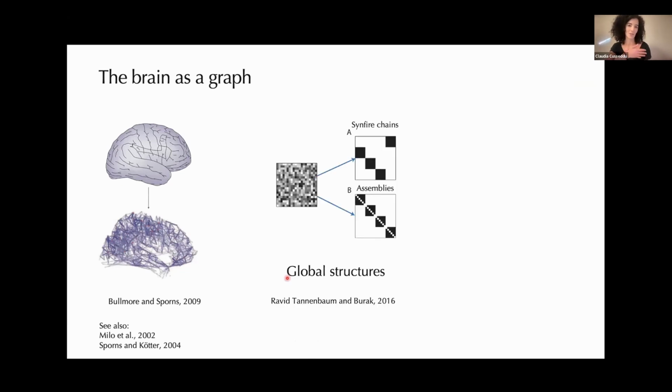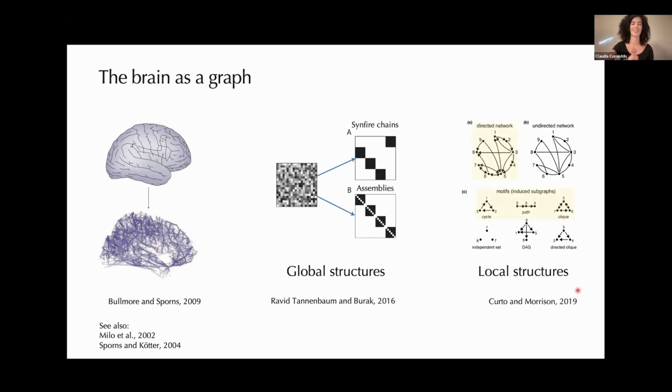For example, as we just saw in the previous talks, we can study connectivity at a global scale, where we can see large-scale patterns such as synfire chains or assemblies, where groups of neurons connect in specific ways to support different functions, as Christoph just explained.